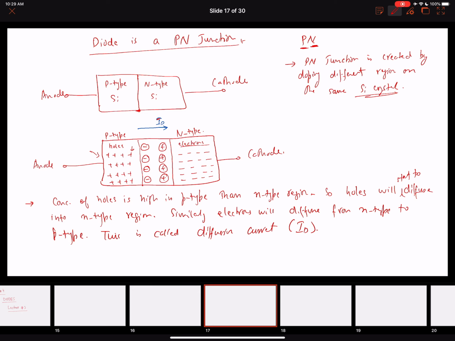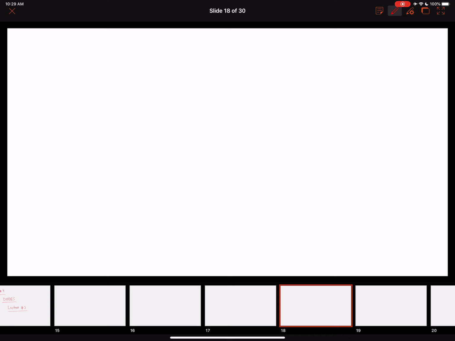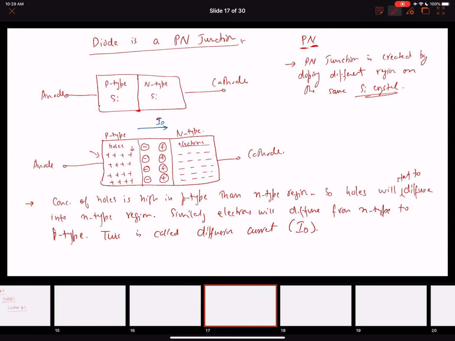Now, while this entire process is happening, okay, so let me first tell you, and then I can write it now, right? So again, the first step is simple diffusion. Holes are moving from the p-type to n-type. Now what will happen is, as the holes from p-type come to the n-type, they will combine with the electrons, right?